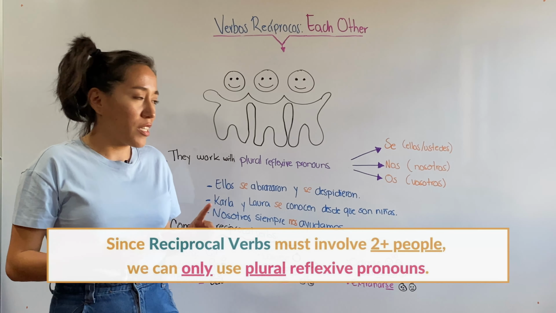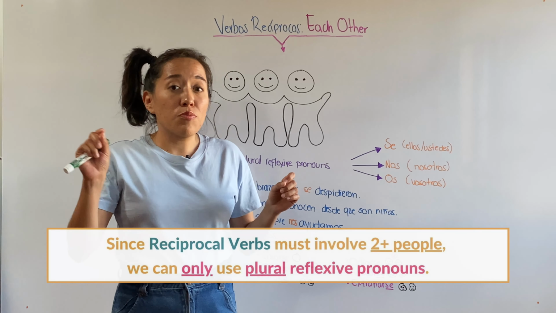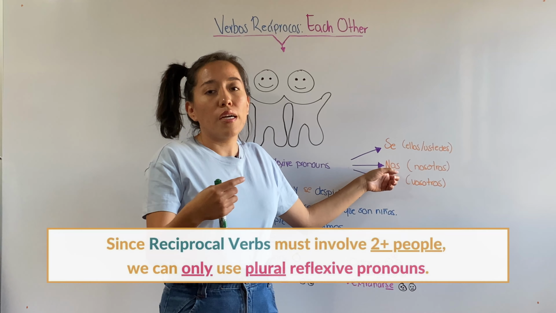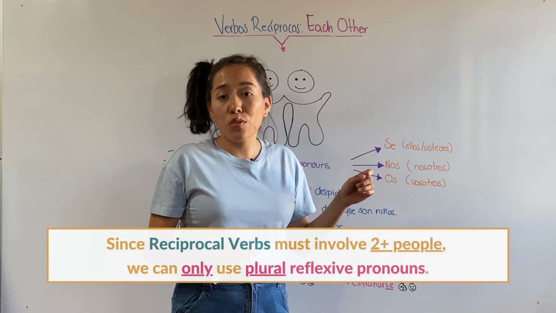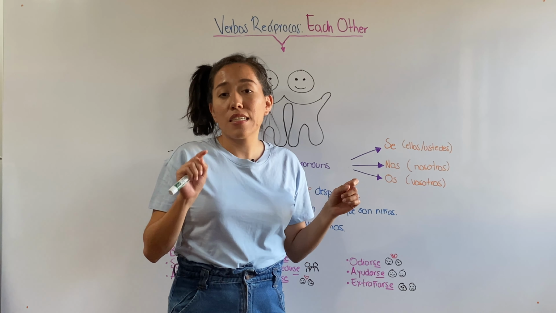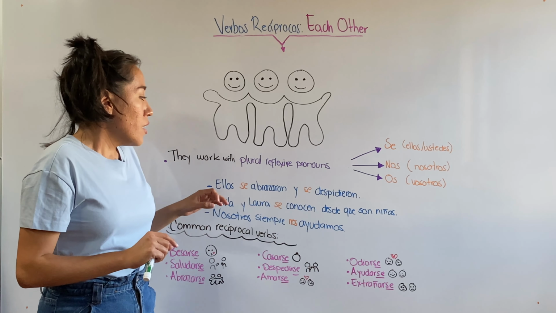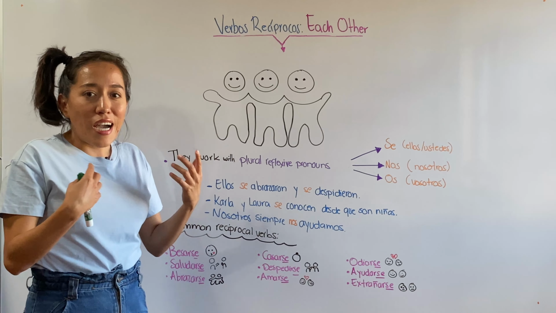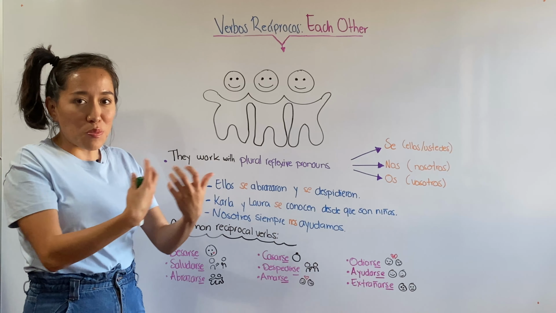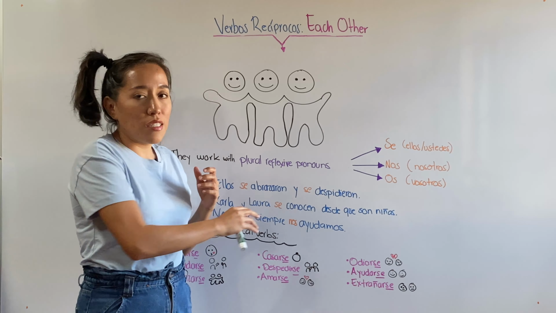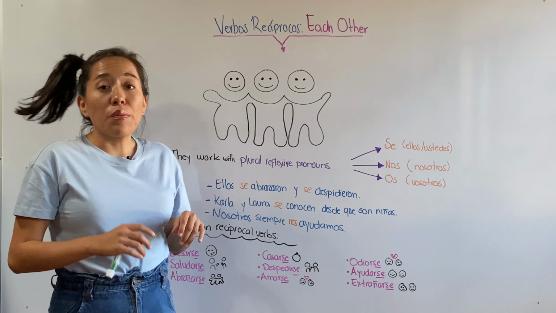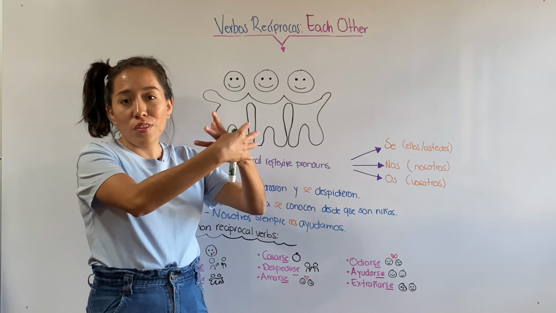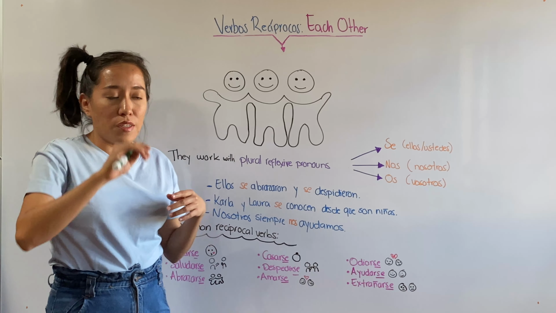Okay? And just to remind you, the plural reflexive pronouns are se, nos, or os if you are learning Castilian Spanish. And over here I have these examples, and I want you to check how this is a reciprocal action between the subjects. Number 1, "ellos se abrazaron y se despidieron."